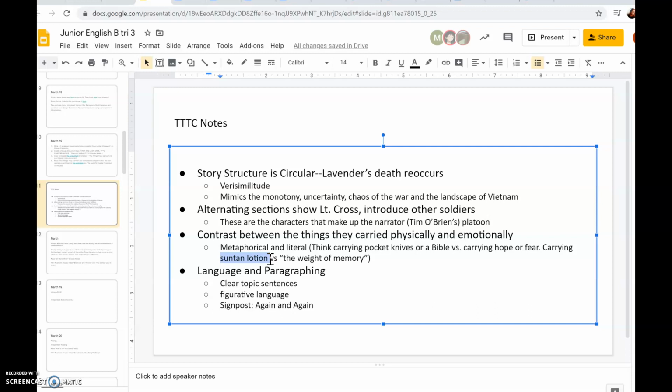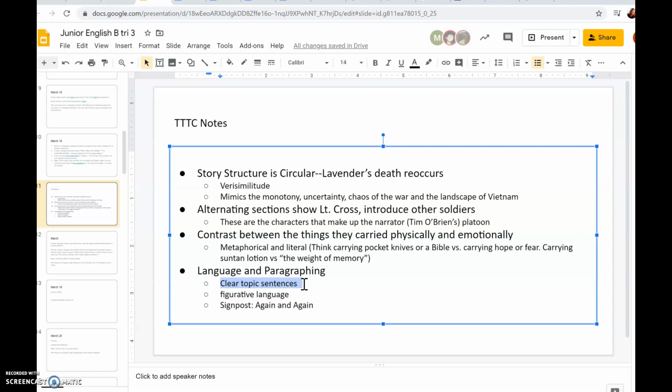Okay, a couple other things before you head into, especially this first chapter, but things to think about throughout. The language and the paragraphing in this first chapter, he sets really clear topic sentences. And that tells you kind of what each section, each passage throughout the first chapter is about. So the things they carried were largely determined by necessity.